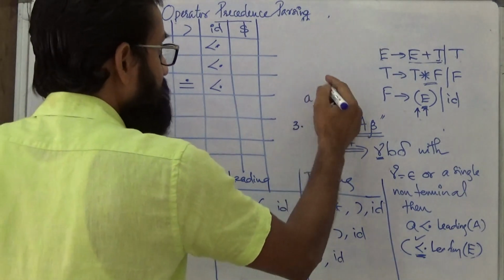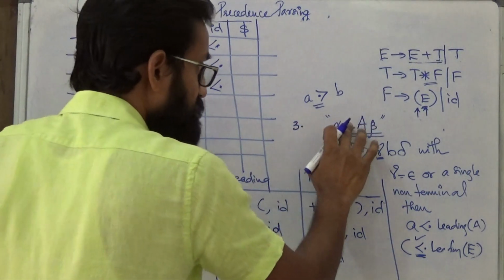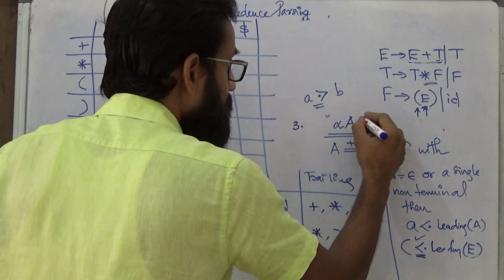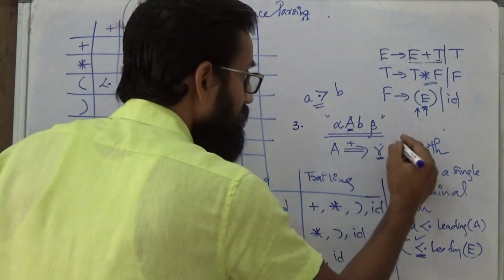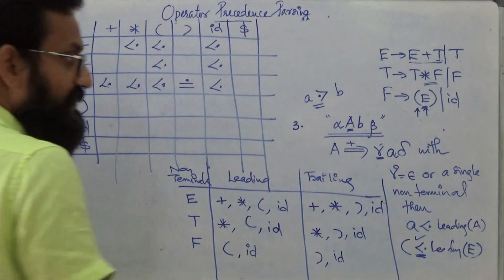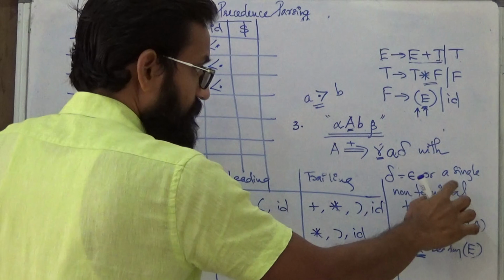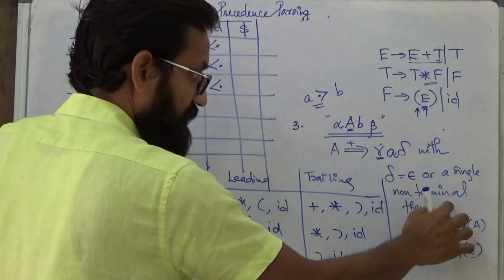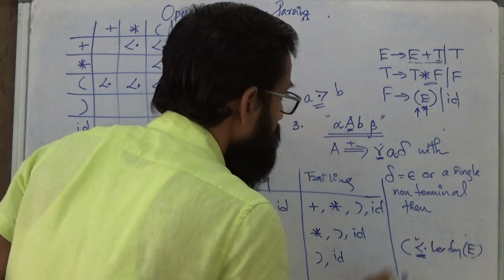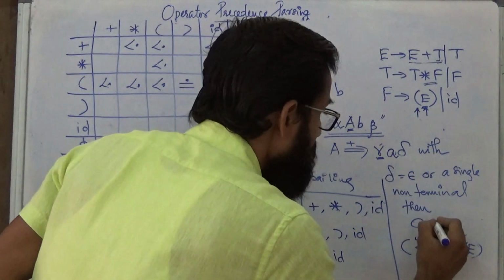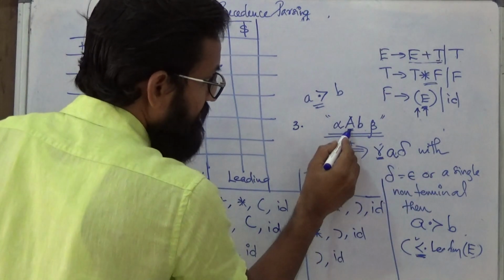We are trying to establish the greater precedence relationship. So you are assuming that you are having a right hand side of the form alpha A B beta, with A deriving gamma A delta, with delta equal to epsilon, or a single terminal, non-terminal. Then you can say that A is having greater precedence as compared to B. So how can you relate this A?